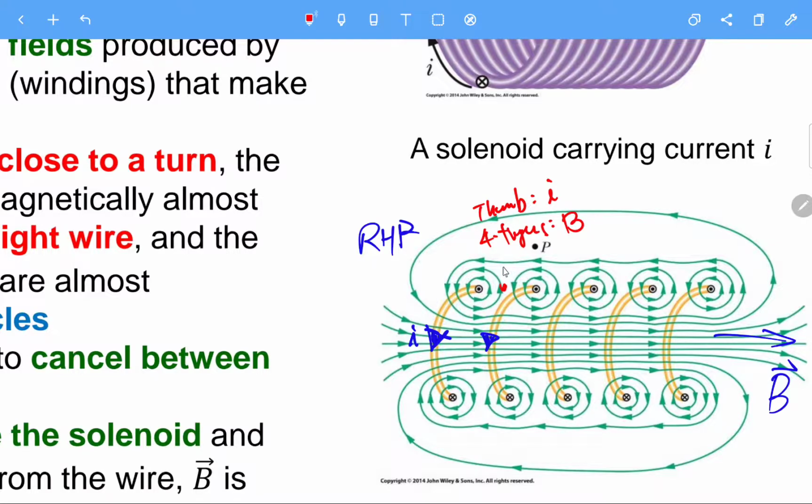But you can know this from the concept of the magnetic field line. If the lines are not so dense, then you can imagine this part has a weaker magnitude of the B field. So if it is close to the wire, then the magnetic field will be weaker. For this part, it has a stronger magnitude of the B field.